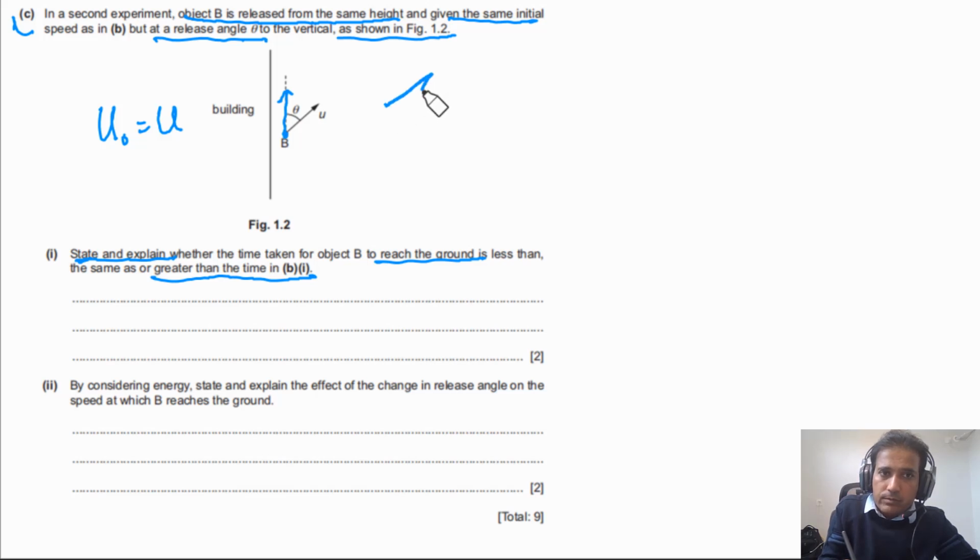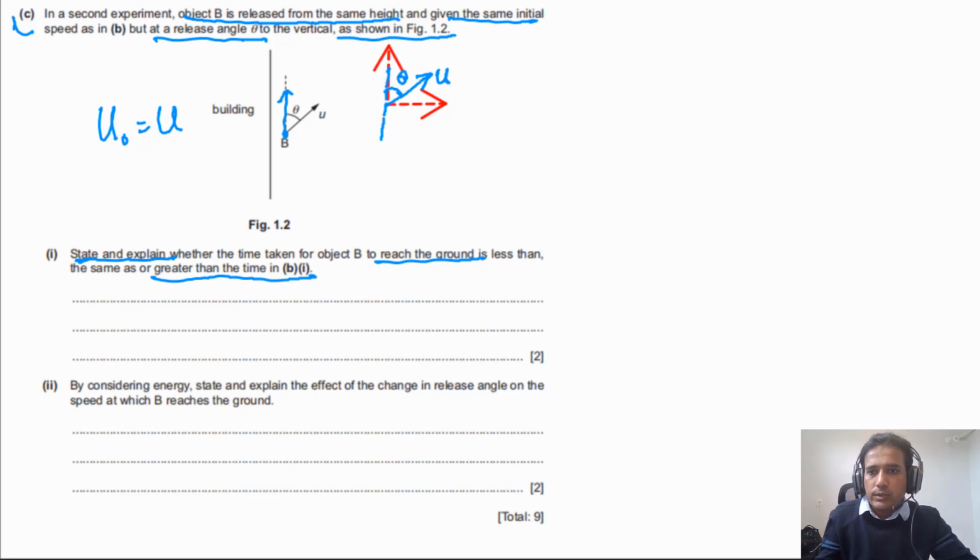Now we release this one at certain angle. This one is u, and it is given to us. This angle is theta. So we can resolve this one into two components. So one component is horizontal, and one component of this velocity is vertical.